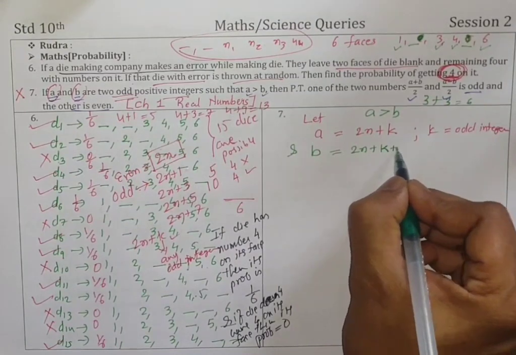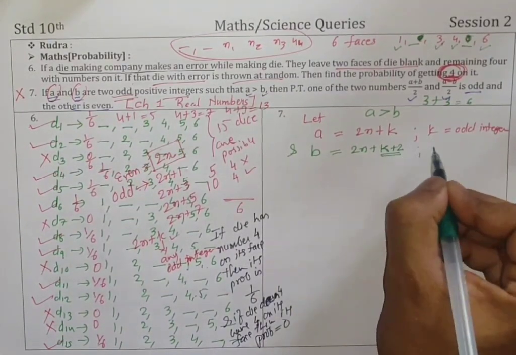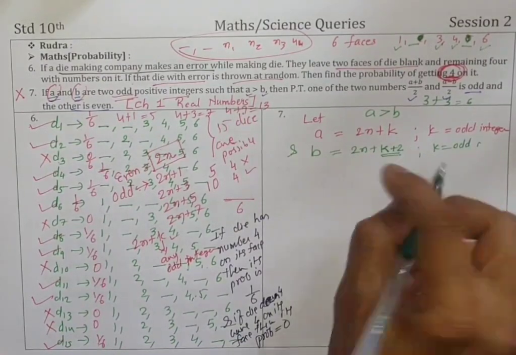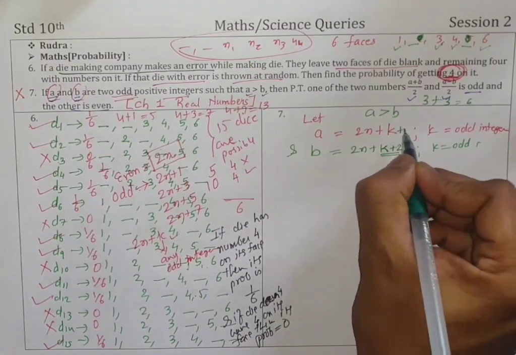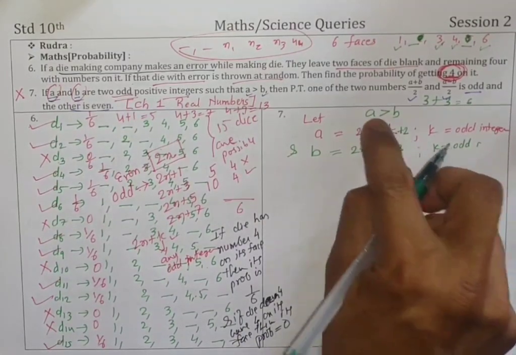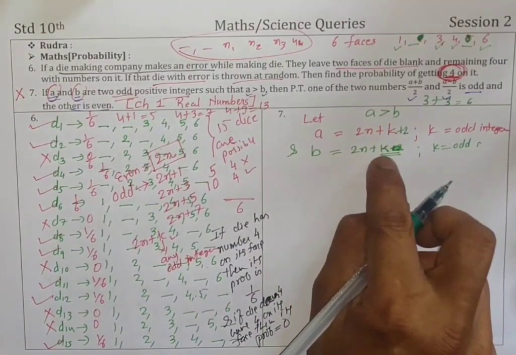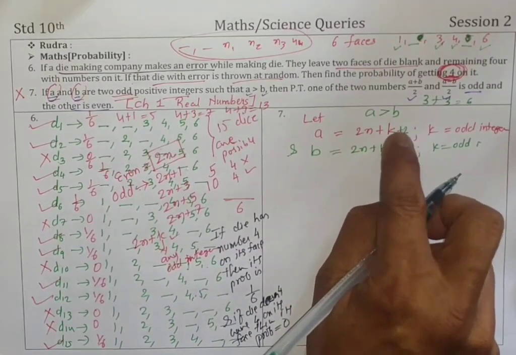So I'm adding 2 here. Please, you have to understand this. Where k is odd integer. Odd plus even should be bigger. Sorry. Okay, I'll write 2 here and k here. Then A will be greater than B. Right? In one I added k to 2n, here I added k plus 2 to 2n, meaning this is bigger.